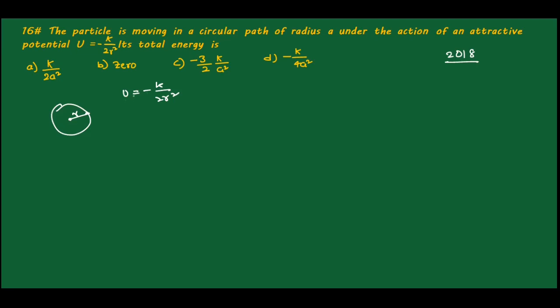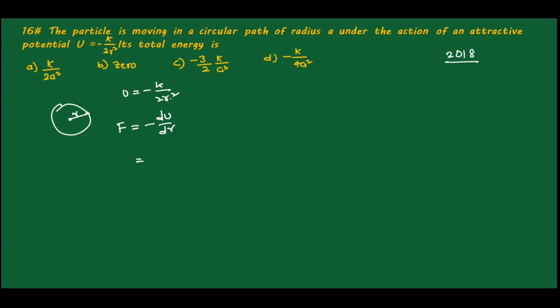Now when the particle is moving in this circular path, it has some force. That force is F equal to minus dU by dr. Now see, minus k by 2r square, k is a constant, so you have to differentiate only r square, because k is constant, 2 is also constant.